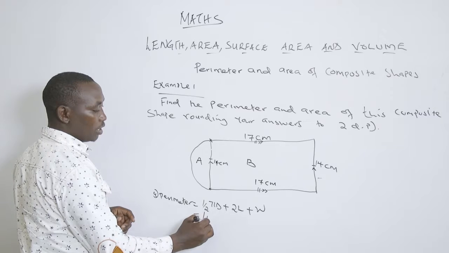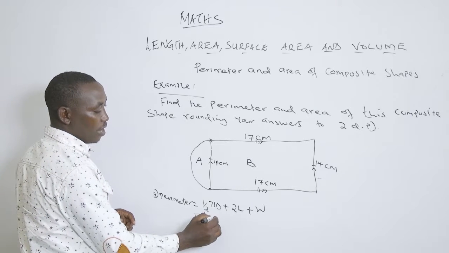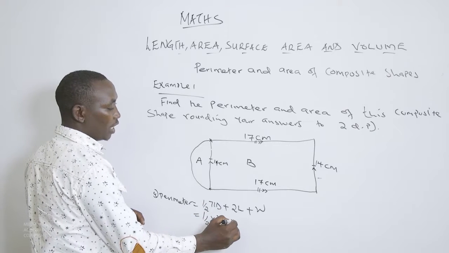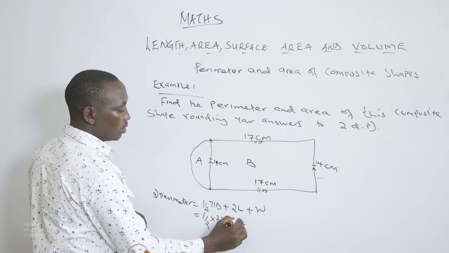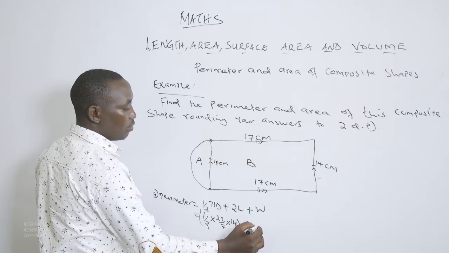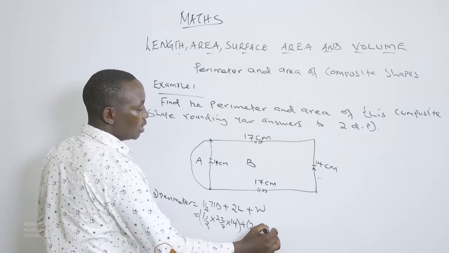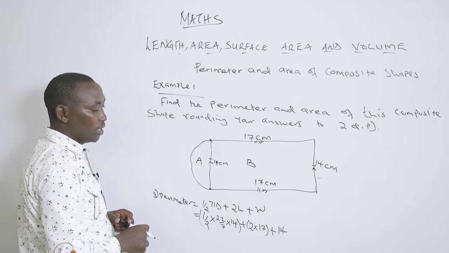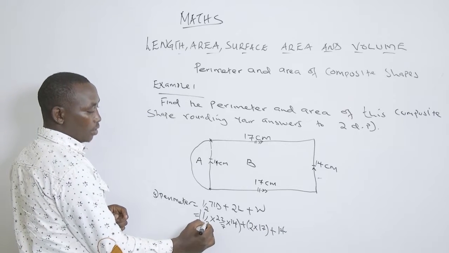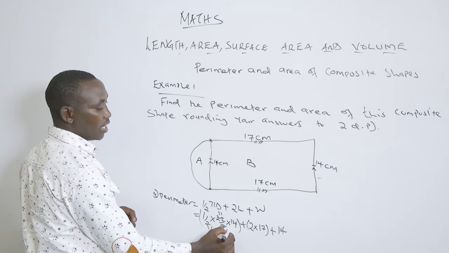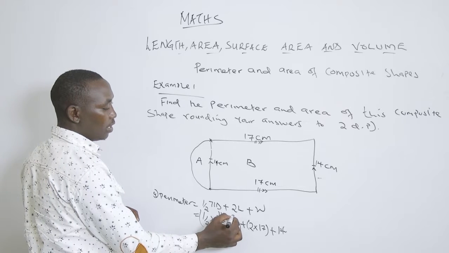When we make that replacement, we have a half multiplied by 22 over 7, the diameter is 14, plus 2 multiplied by the length, which is 17 centimeters, plus the width, which is 14 centimeters. 2 goes into 22, 11 times, 7 goes into 14 twice.